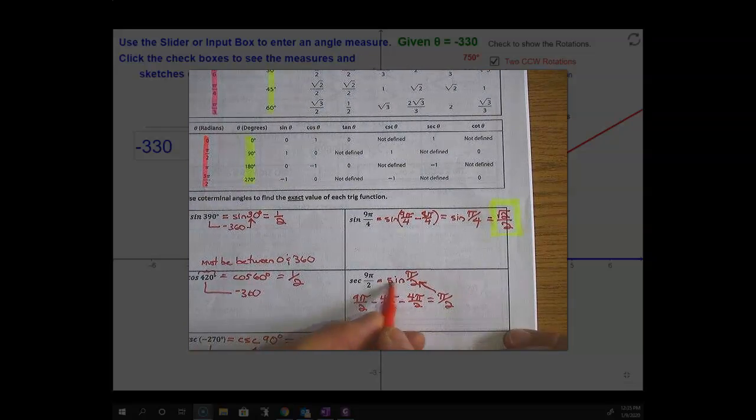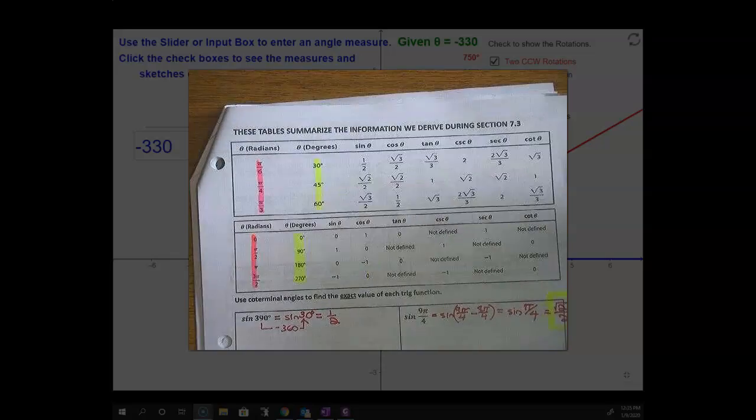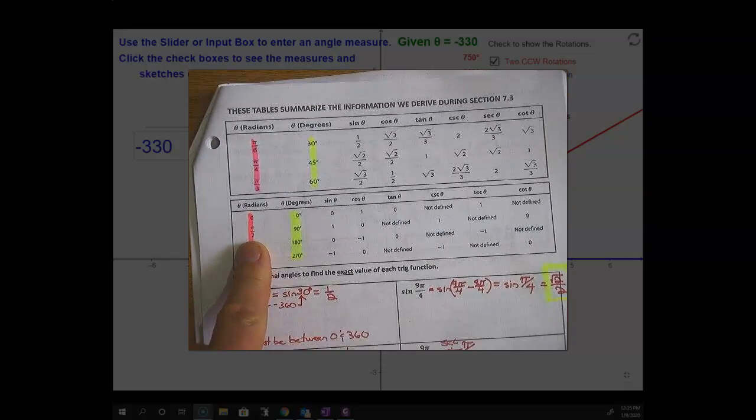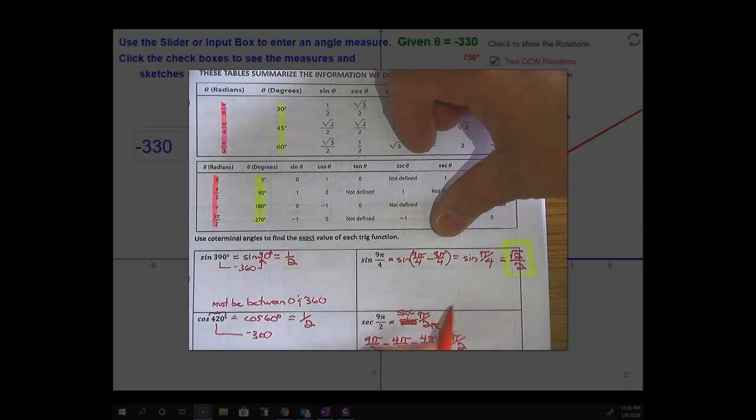All right. So go to pi over 2. Go over to the secant column, not defined. Okay, so I just write not defined. It doesn't exist. Does not exist.